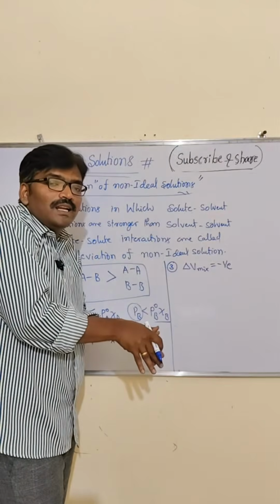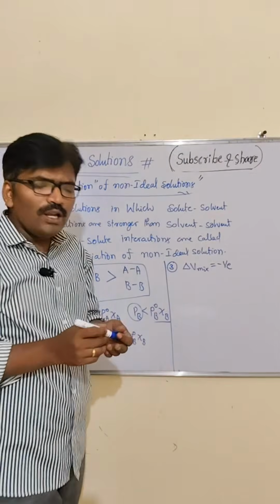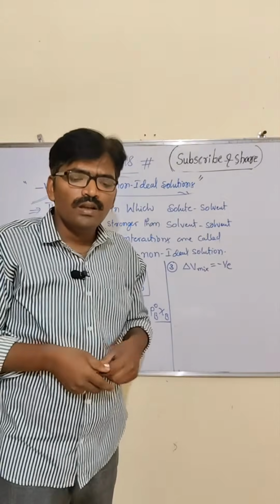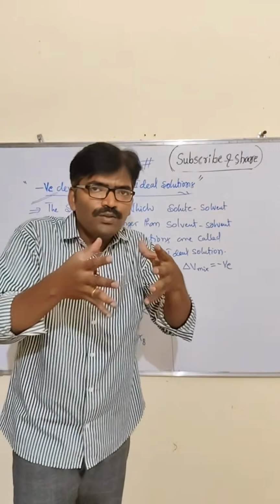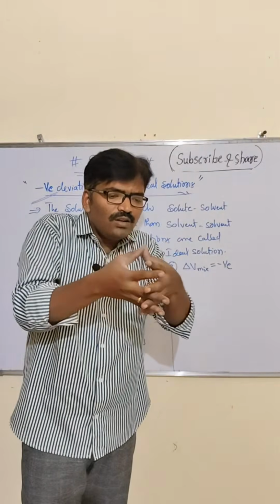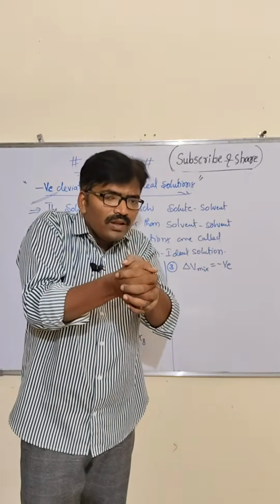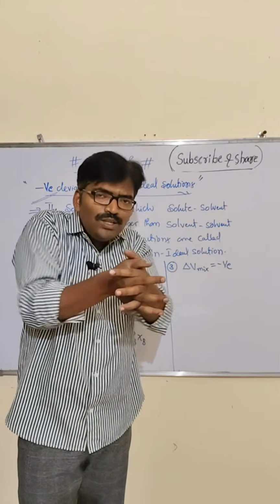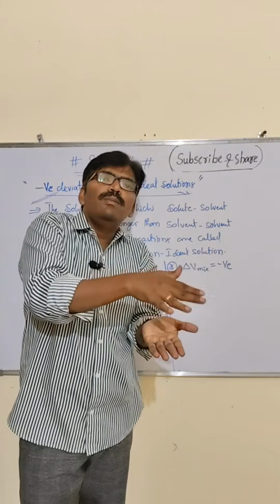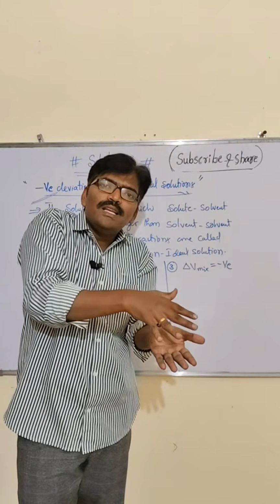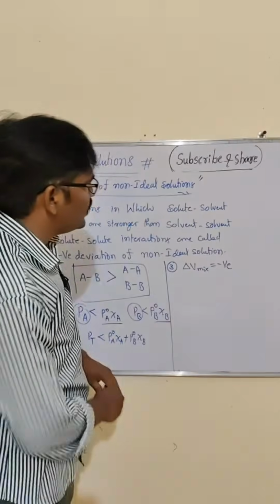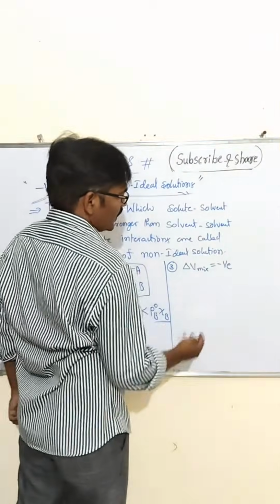Volume will decrease. So why will volume decrease? Whenever the interaction between the solute and solvent is very strong, when they are very close to each other, then space will decrease, the volume will decrease. That is what I told, delta V mixing is negative.